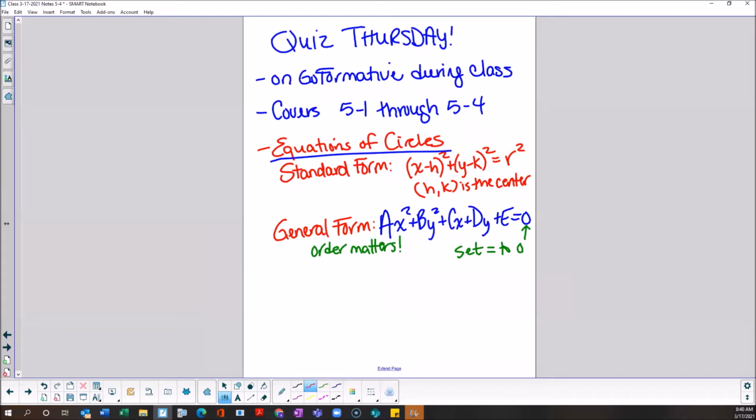So okay, you should be able to write the equation given the center of the circle and a point on the circle. What else do we do?